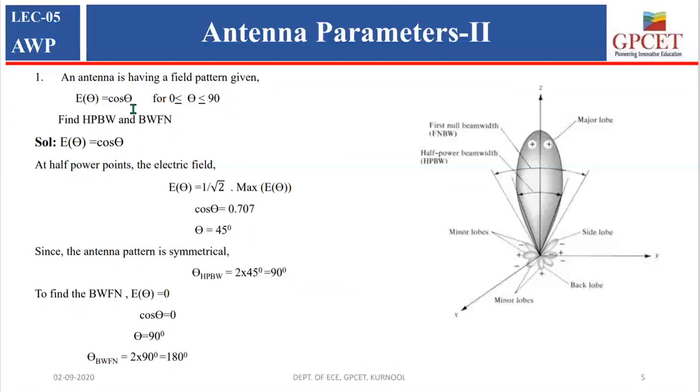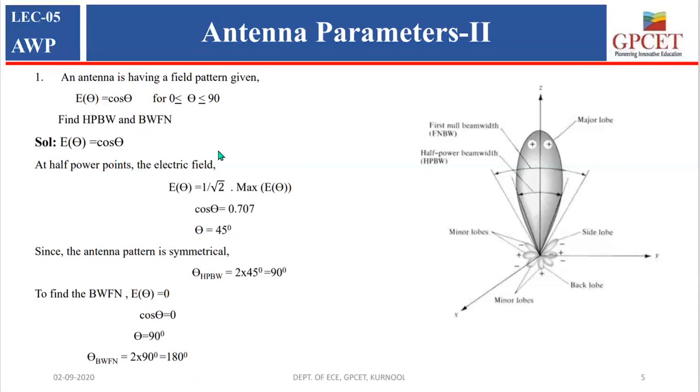To calculate the half power beamwidth for the given field pattern, at half power points E theta equals 1 by root 2 times the maximum value of the given field pattern. 1 by root 2 is equal to 0.707 and the maximum value of E theta is 1 at theta equal to 0 degrees. Cos theta is equal to 0.707. Now theta will become 45 degrees.